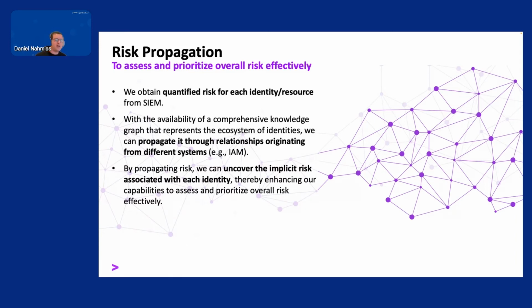Now, we also have information about which corporate resource the digital identity interacts with. Once we have all this information, we can simulate or try to predict how much risk will propagate among the digital identities through this connection.